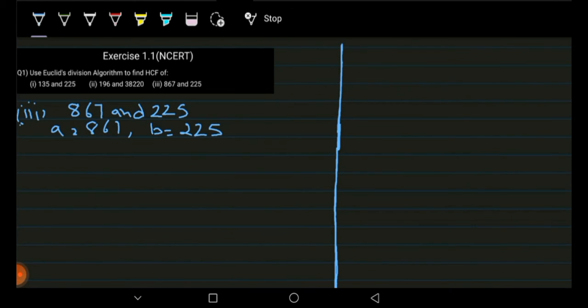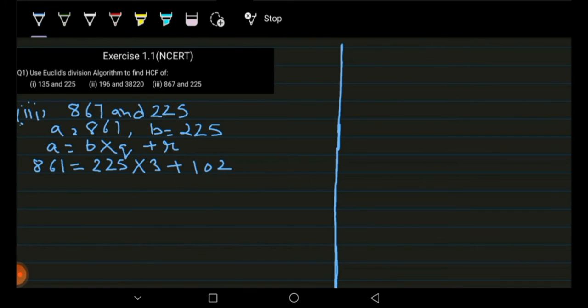Using Euclid's division method, using the formula A equals B into Q plus R, 867 is equal to 225 into 3, and the remainder here will be 102.